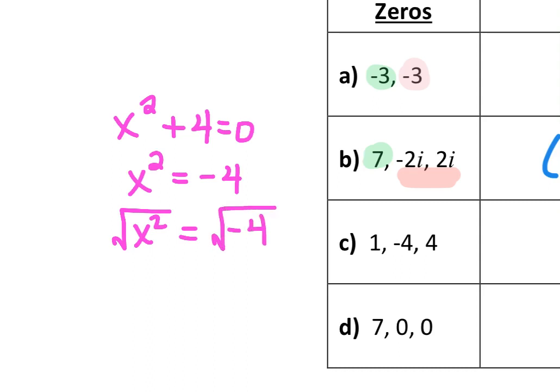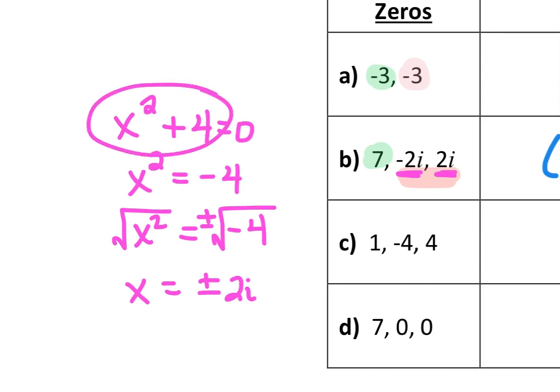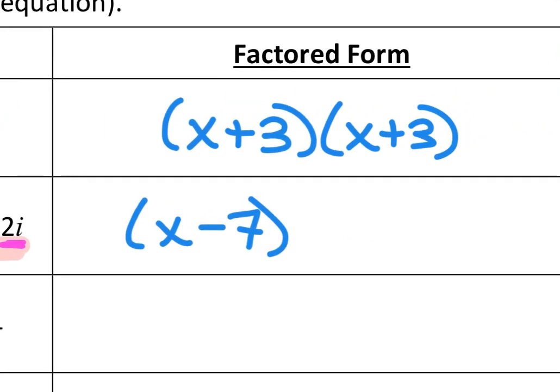That's where your imaginary answer comes from, the square root of a negative. And remember that when you take the square root, you have to do both the positive and negative square root. So in this case, x equals plus and minus 2i, which is what we're looking at here. And so the x squared plus 4 is going to be your factor. That's not linear, but your factor there. And so that's going to be x squared plus 4.